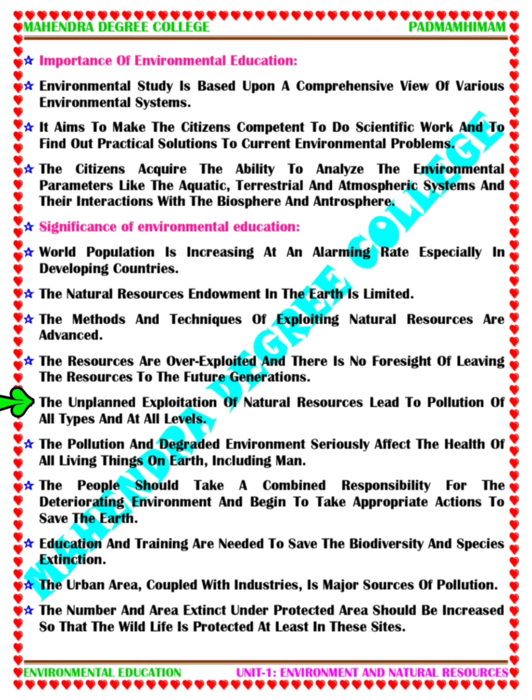The unplanned exploitation of natural resources lead to pollution of all types and at all levels. It means when natural resources are used without proper planning, it causes serious damage to the environment.